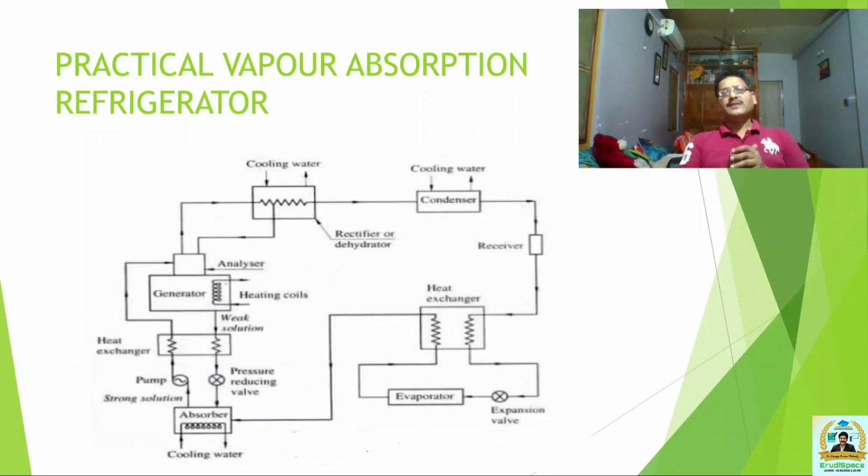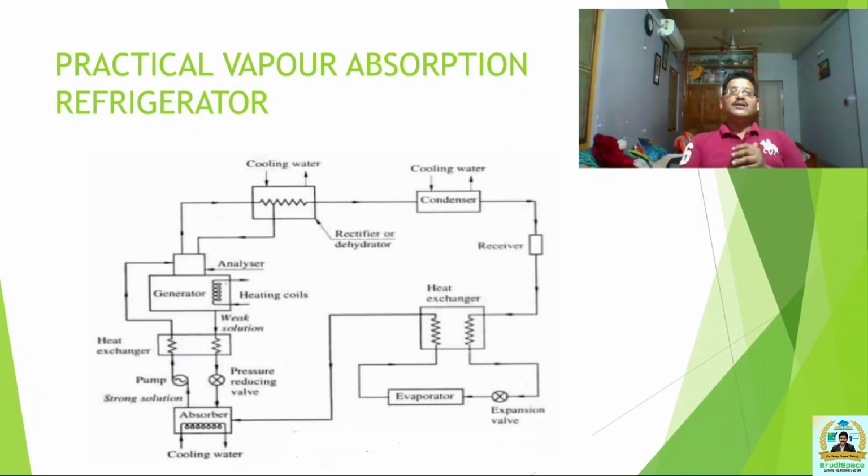These two components ensure that no water particle enters the condenser. Your analyzer consists of a series of trays. When the Aqua-Ammonia solution flows to the trays, a considerable amount of liquid surface is exposed. As a result, the condensation of water particles takes place, and these water particles do not enter the condenser.